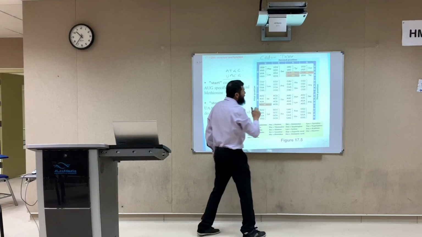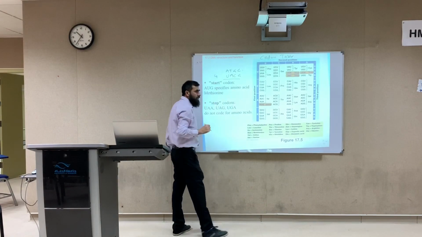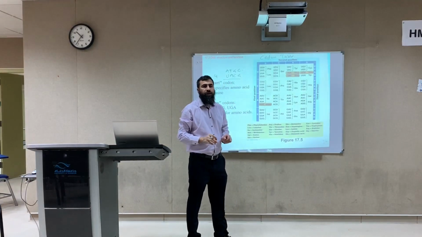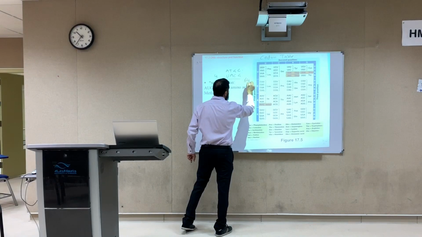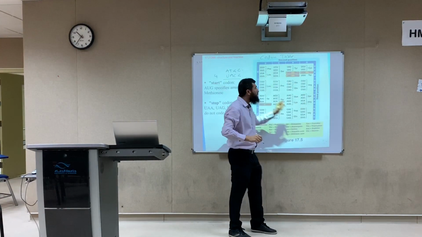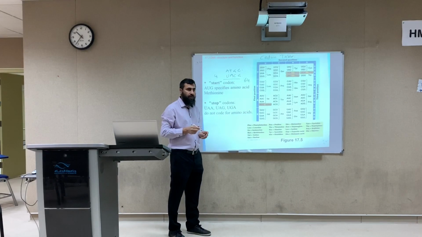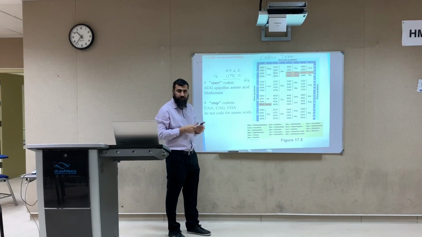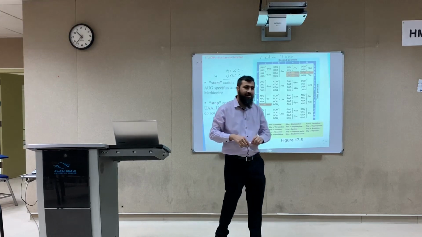If we look at these 4 nucleotides and do the different combinations, we get 64 different combinations. So there are 64 different combinations when we combine these 4 nucleotides in different ways. Do you understand that? Anybody doesn't understand that?